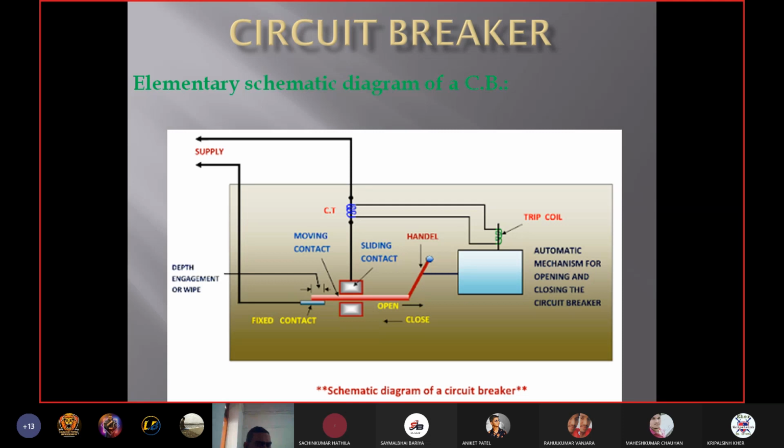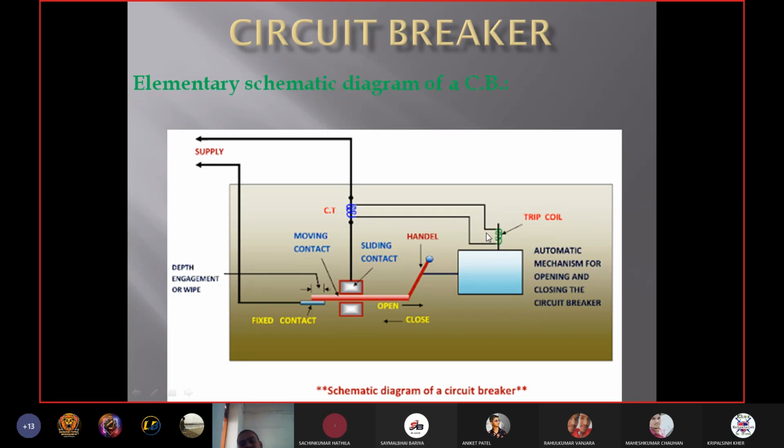At that time the secondary current flowing through the CT is also normal. So the current flowing through the secondary of the CT is not capable of energizing the trip coil.